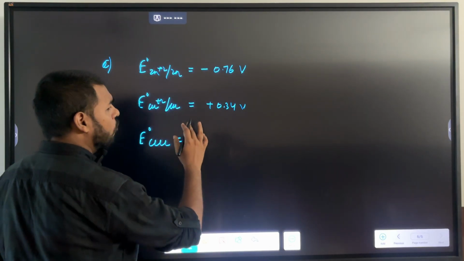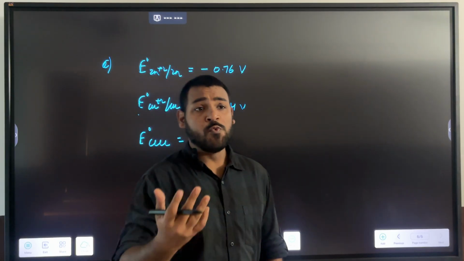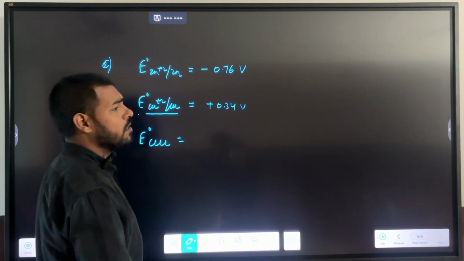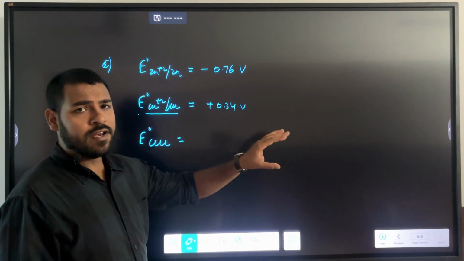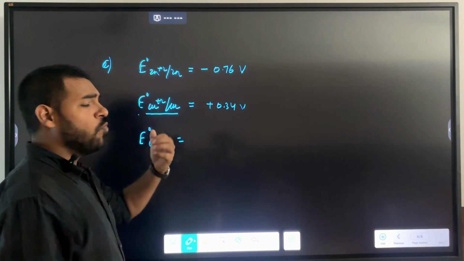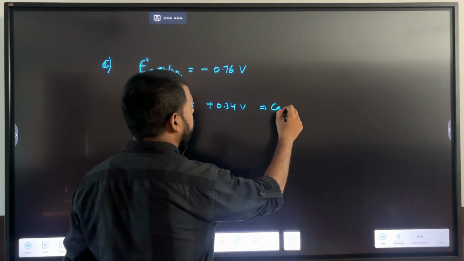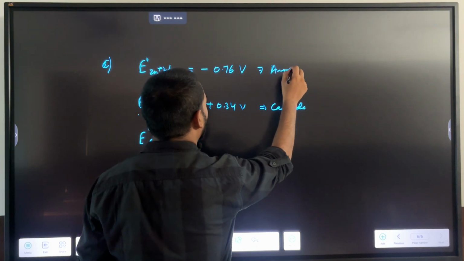So how can we do this? Suppose this, how can we find which one is the anode and which one is the cathode? So see here, this is copper plus 2 to copper. The positive value indicates that the copper plus 2 wants to be copper. So here it will be the cathode, and this will become the anode.